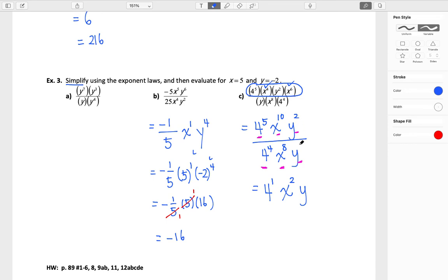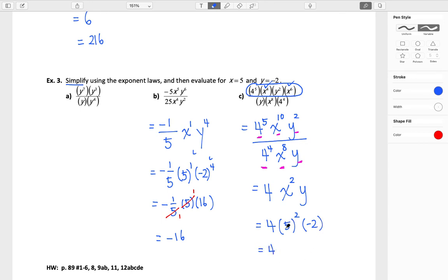So 2 minus 1 is 1. But we don't write 1, so 1 is invisible. So I'm just going to erase the 1 here as well. And then there you have it. So we simplified, but now we are going to evaluate by subbing in. So instead of writing x, we're plugging in 5 squared, and for y it's -2.